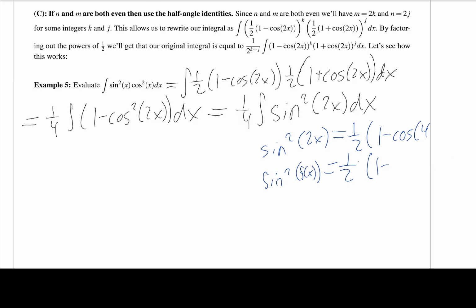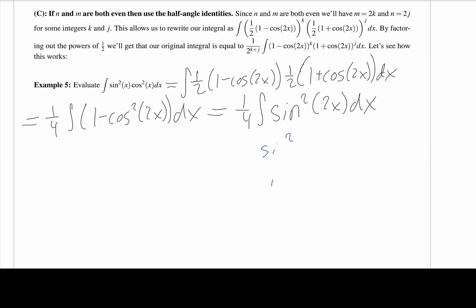So let me go ahead and use this. We're going to have 1/4 times the integral. We said that sine squared of 2x is going to be equal to 1/2 times 1 minus cosine 4x dx.